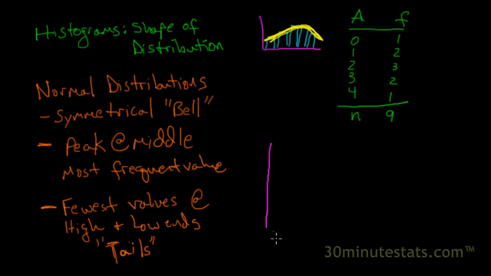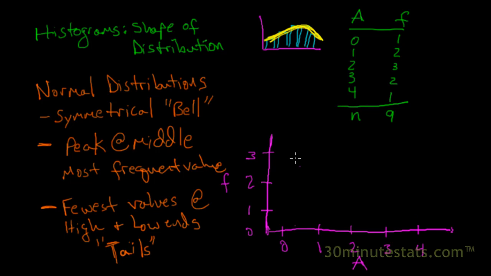And so we've got our x and y axis here, and this is going to be our frequency. We've got 0, 1, 2, and 3, and then our values for A, which are 0, 1, 2, 3, and 4 here on the x-axis.